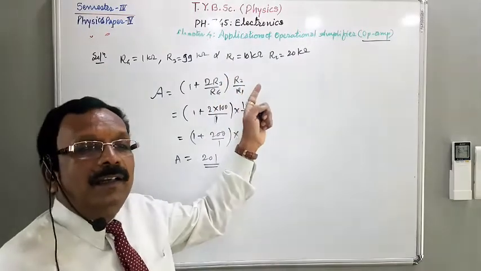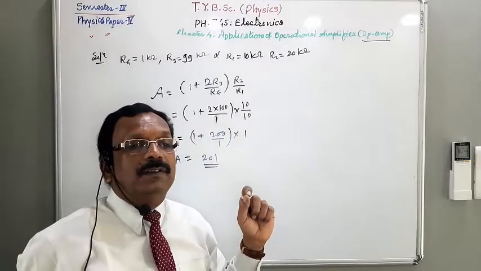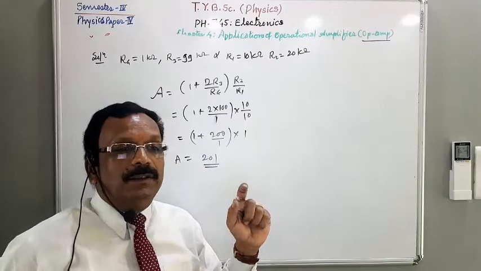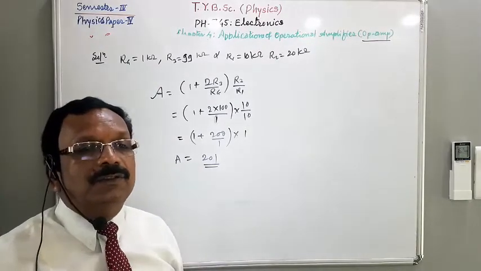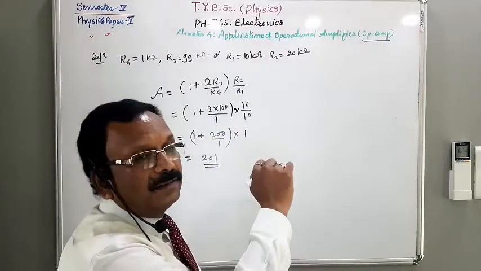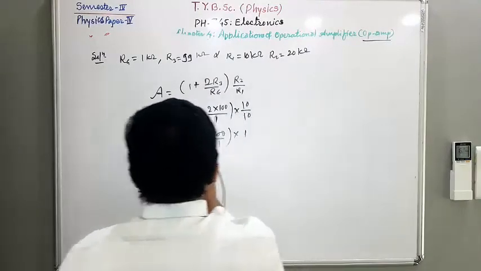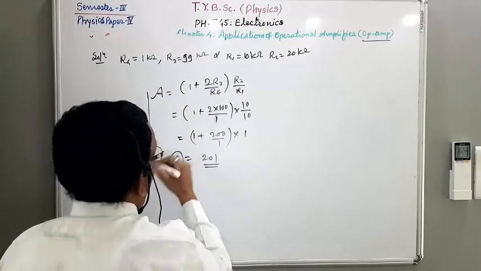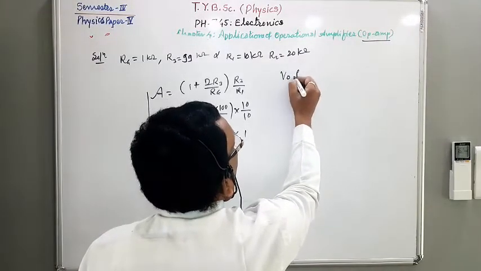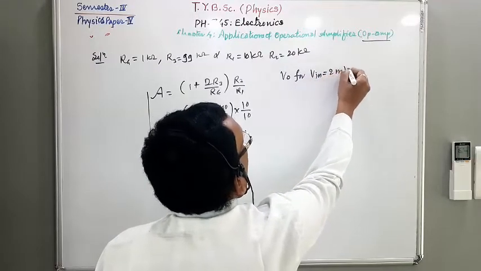Here we have to find two things: first the gain, and second the output voltage for Vin equal to 2 millivolt.